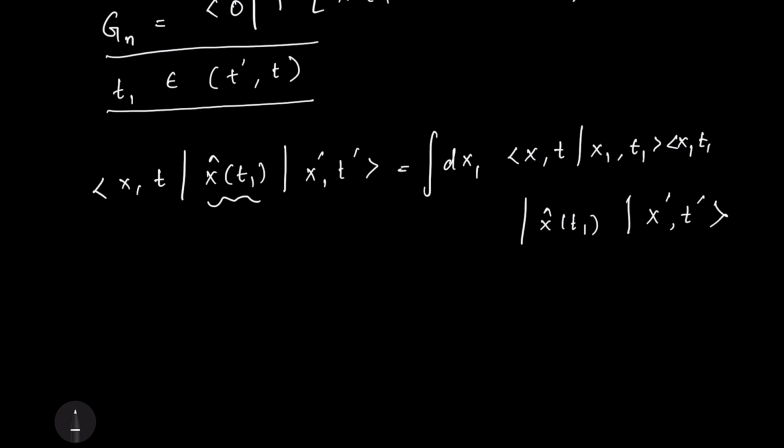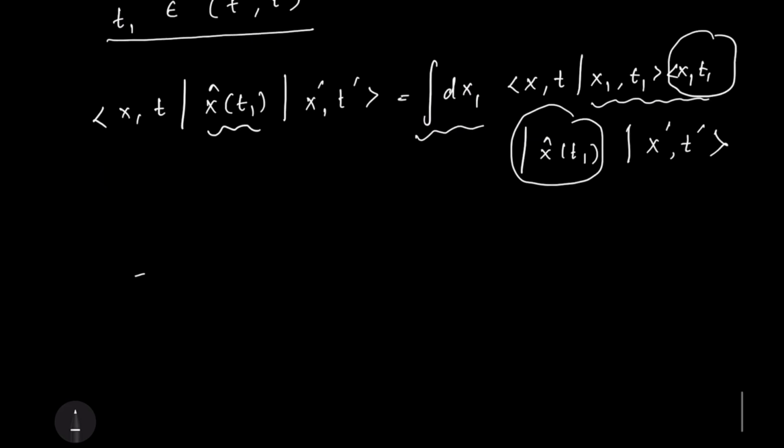Okay, so here x1 t1 is the identity that I am inserting here. Now this x1 t1 acting on x t1 will get the eigenvalue.